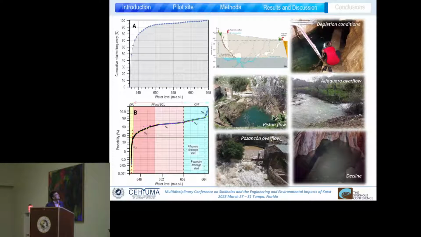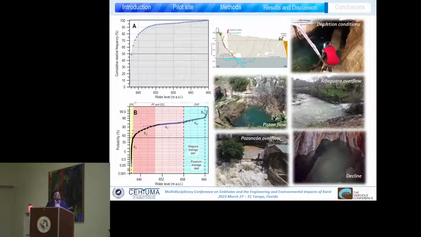So it's possible to identify the low water condition and how the water level is progressively going up during the piston flow and the decay situation, and then in the overflow spring, how this water table is really at the top. So these images are representative of the depletion situation when the water table is accessible within the cavity.